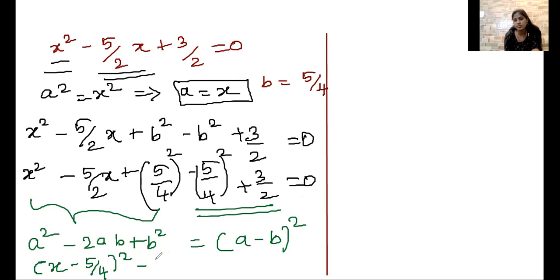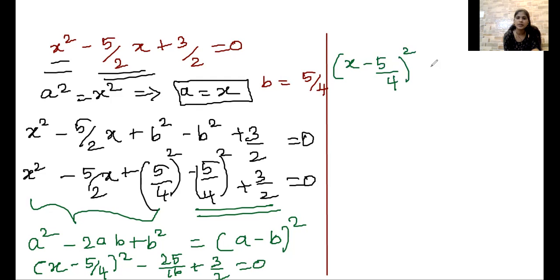So 5 by 4 the whole square can be written as 25 divided by 16 plus 3 by 2 equal to 0. So let me simplify this over here. So it's going to be x minus 5 by 4 the whole square is equal to 25 by 16 and negative 3 by 2.